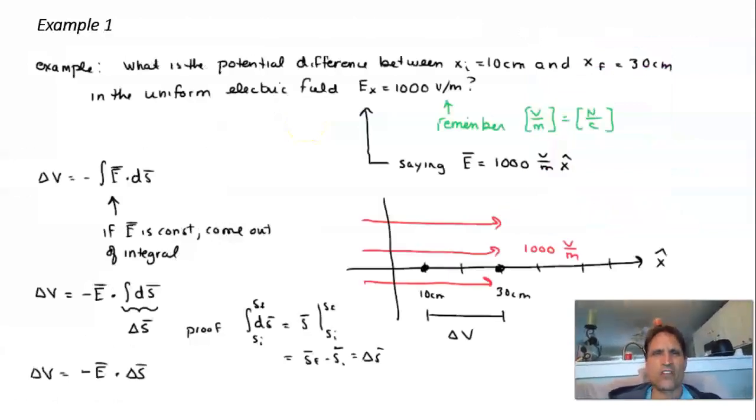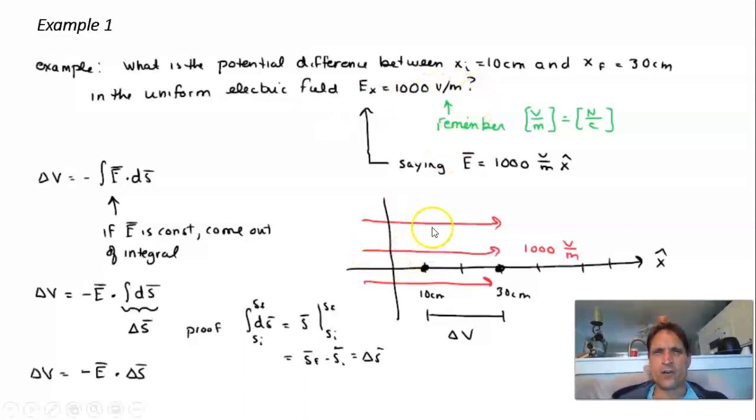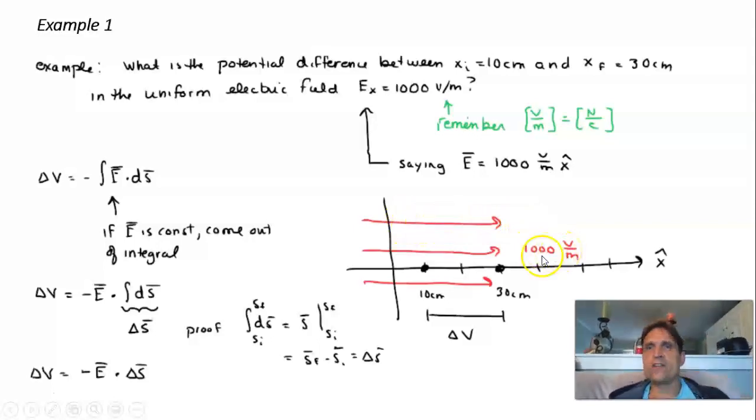So here's an example. We're going to do lots of examples today because this is a little bit abstract. We know the electric field in this problem is pointing to the right along the x-axis, with magnitude 1,000 volts per meter. What is the potential difference between x equals 10 centimeters and x equals 30 centimeters?